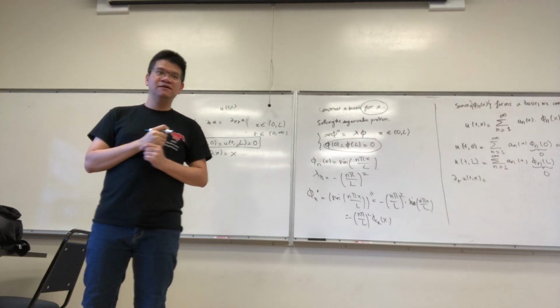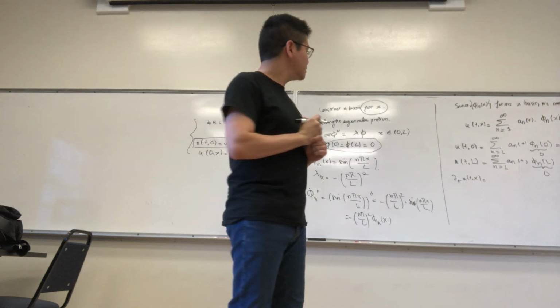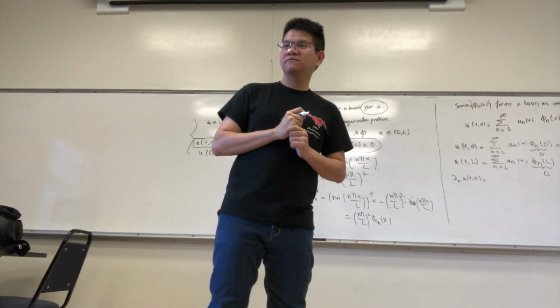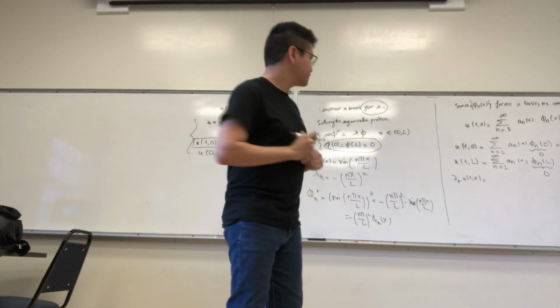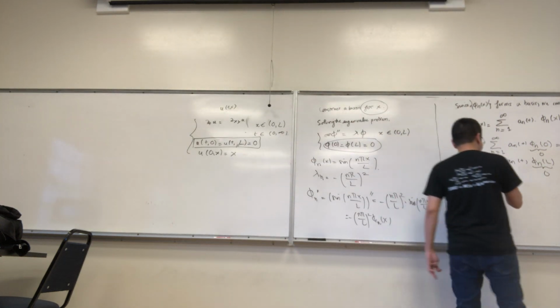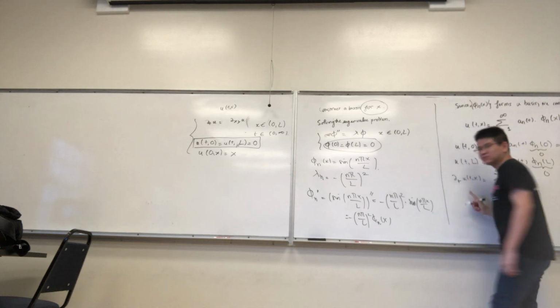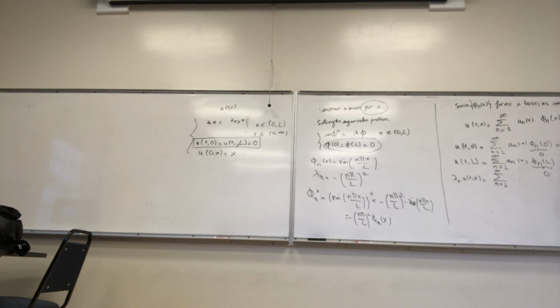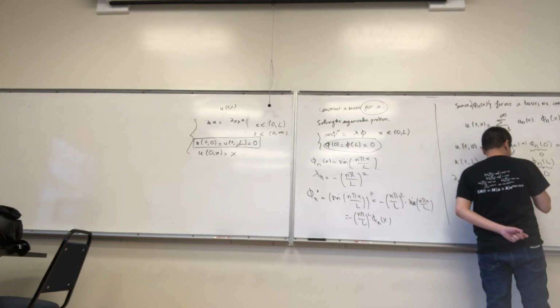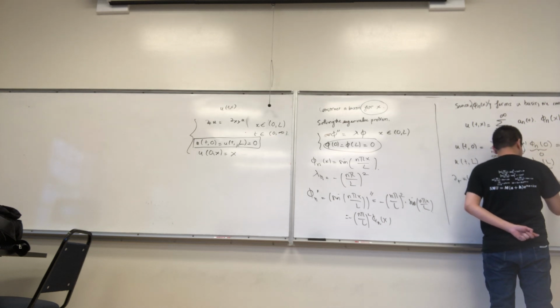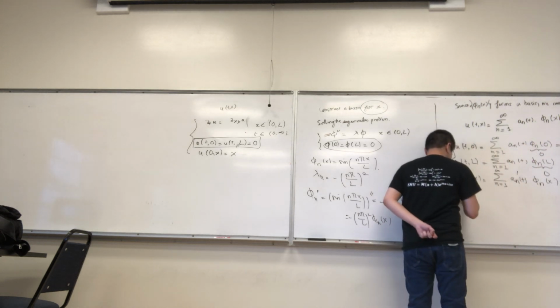The sum, when n goes from 1 to infinity, of a_n'(t) phi_n(x). So in order to compute the derivative in t of this series, what you have to do is compute the derivative of a_n, a_n'(t) times phi_n(x).